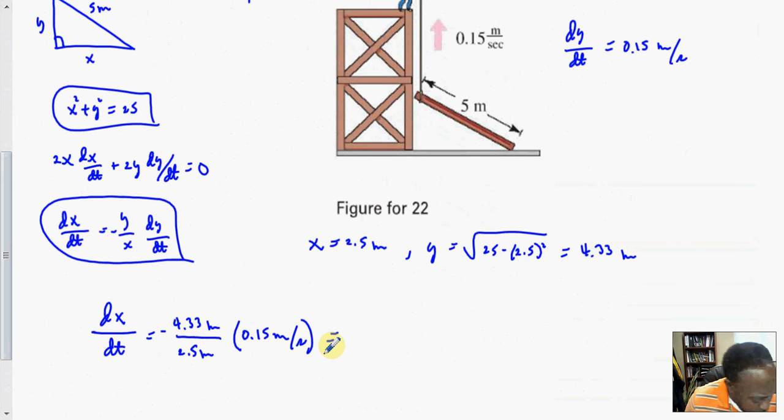And on your calculator, you calculate that, and that comes out to be negative 0.26 meters per second.